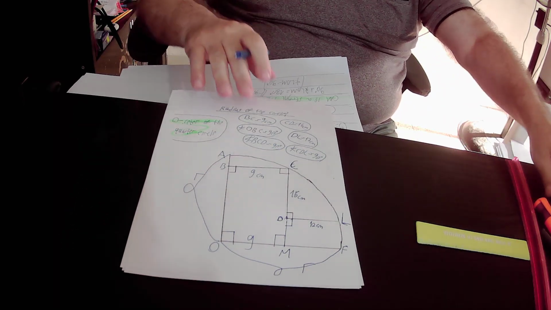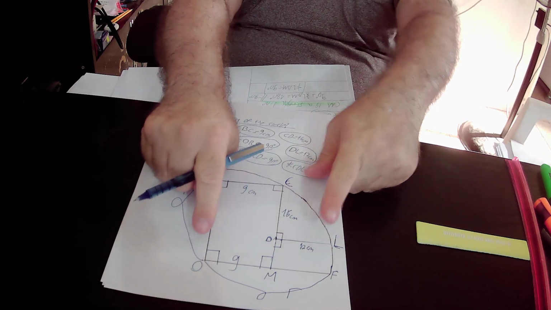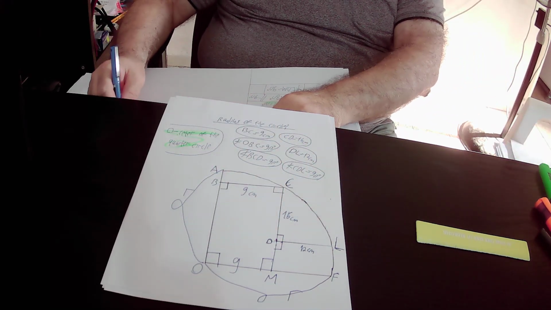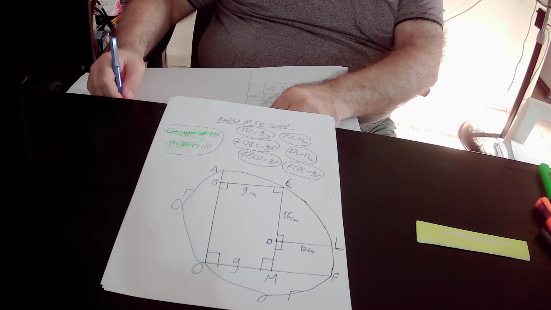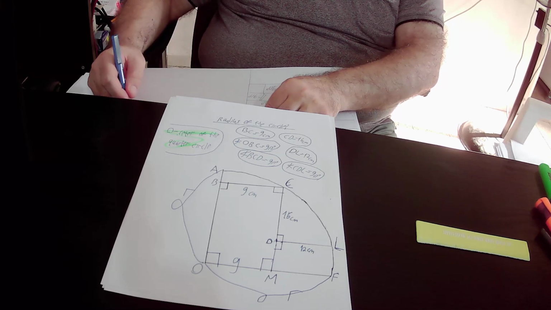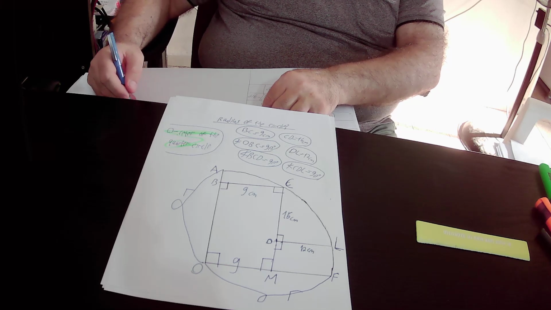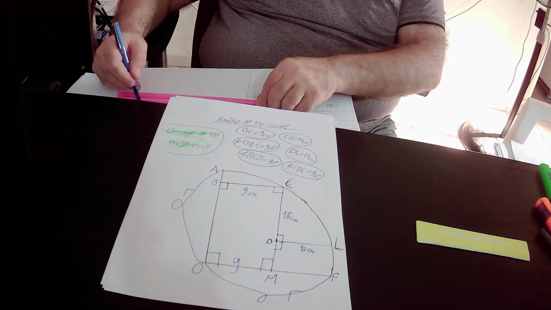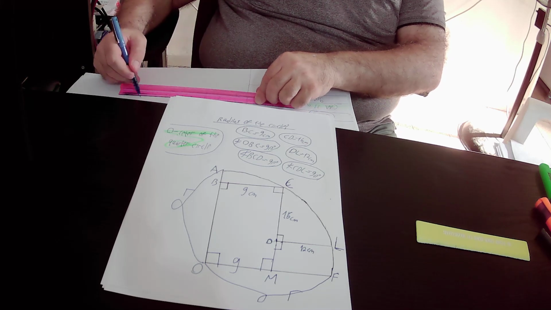on the upper side of the straight line OF at point M, here the sum of the angles must be equal to 180 degrees according to rule number 3, which states that the sum of the angles on one side of a straight line is equal to 180 degrees. Okay?